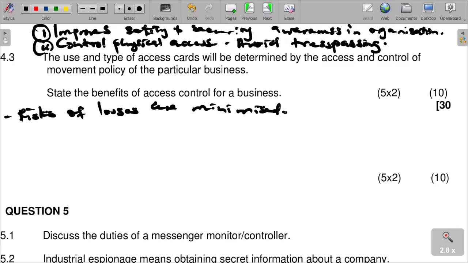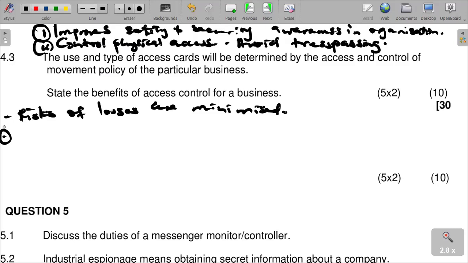When access is regulated, losses are avoided because there are certain places and areas which people cannot freely move around, and therefore the safety of organizational resources is increased.